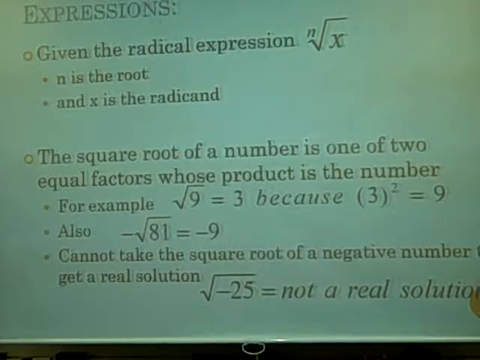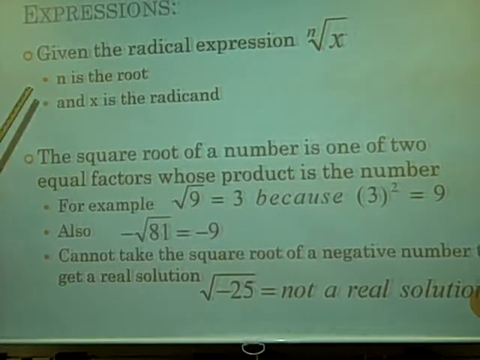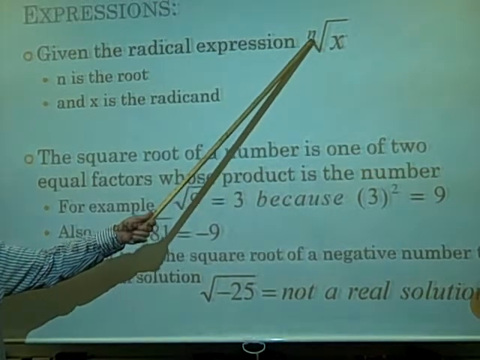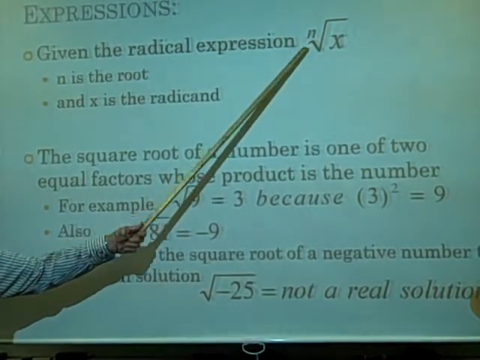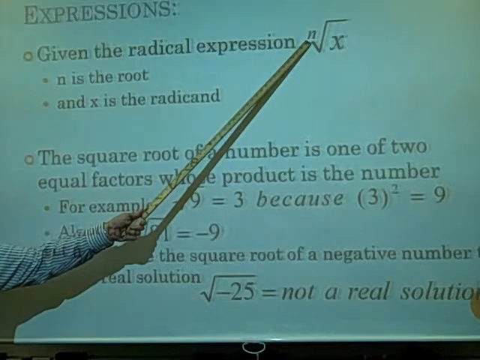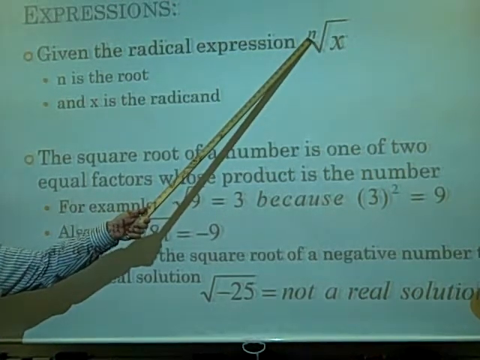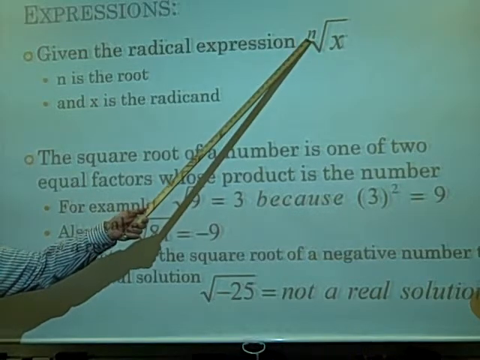Understanding a radical expression. Given a radical expression, where we have this outside number here is the root. Normally, for square root, we don't put a 2 there, but it's implied.